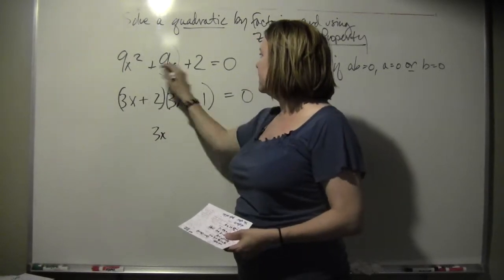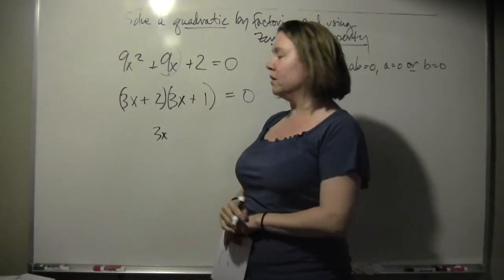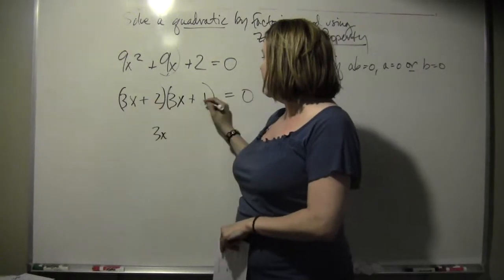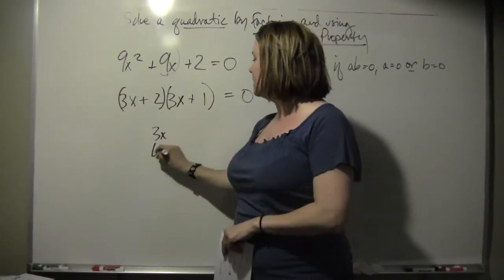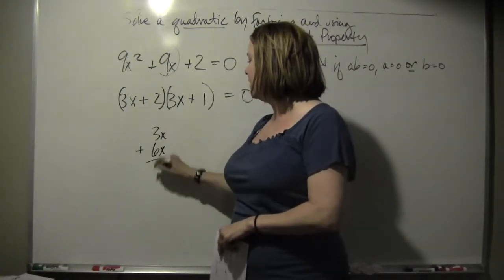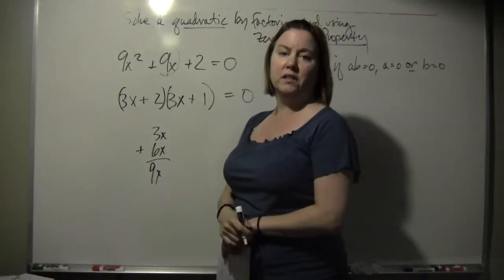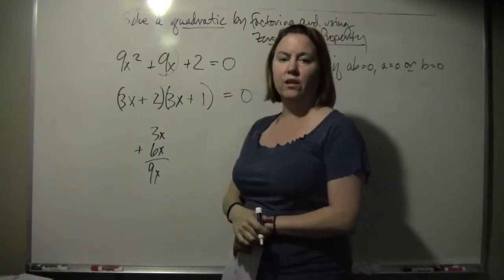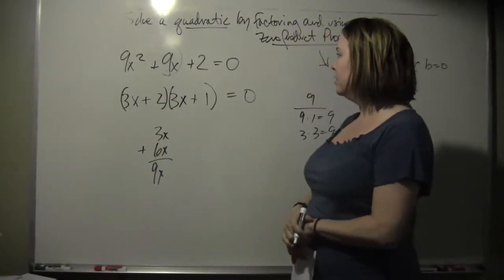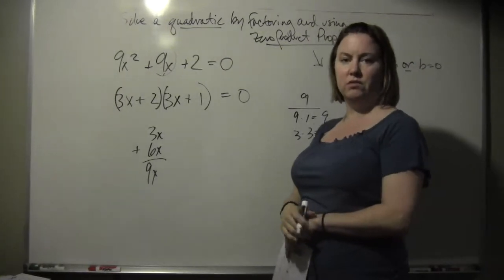Let's just make these plus because we've got nothing but pluses up there. So let's make this 3x. 3x times 1 is 3x. 2 times 3x is 6x. And when we add those together, we do in fact get a positive 9x.